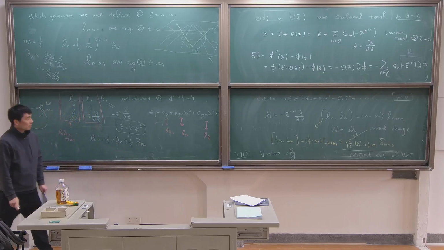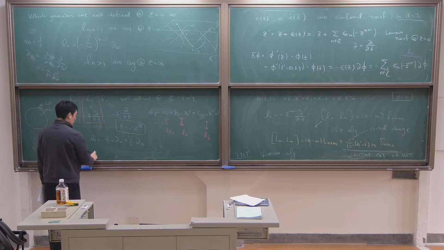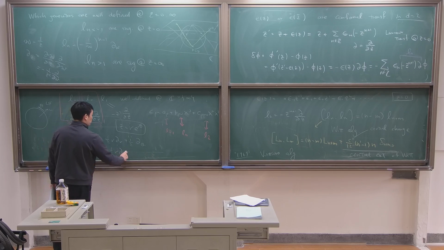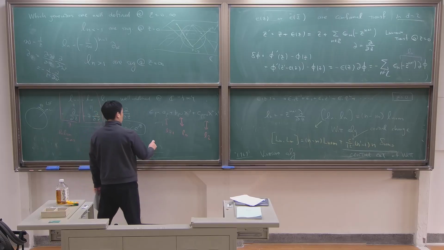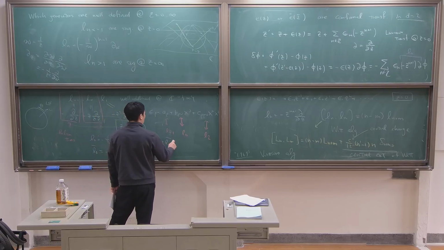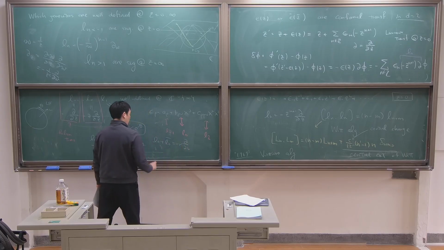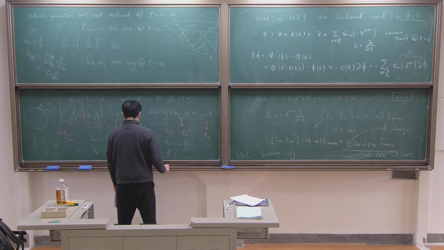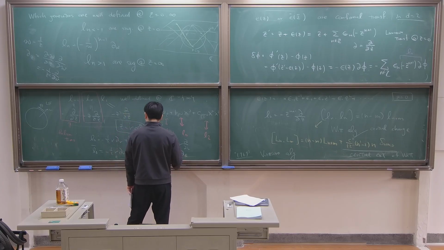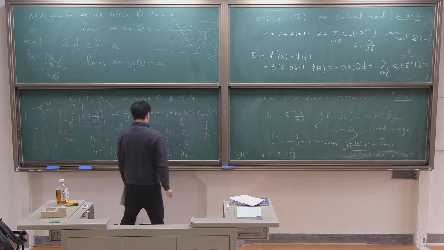And the anti-holomorphic part is the same thing with minus i over 2 del theta, which means that L_0 plus L_0 bar is r del r, and L_0 minus L_0 bar is equal to i del theta or something like that.